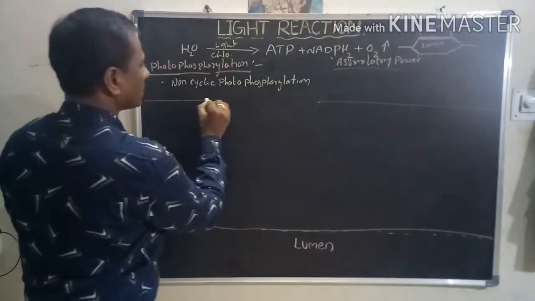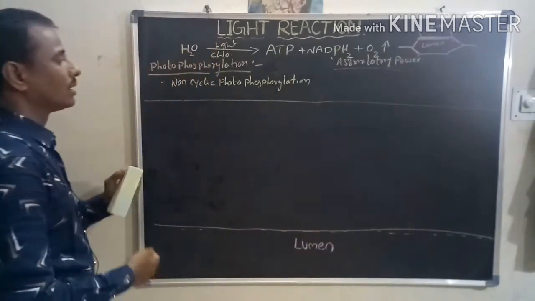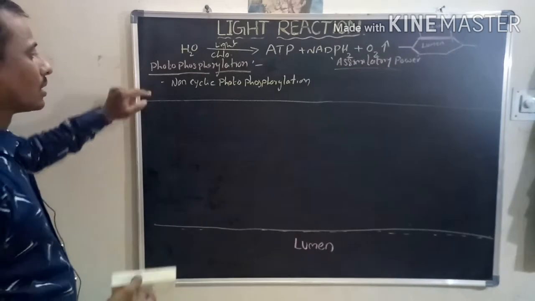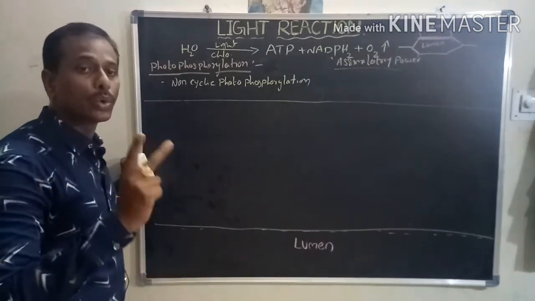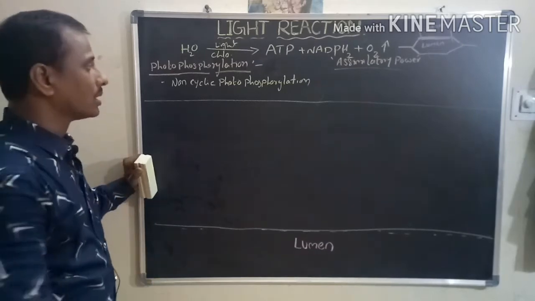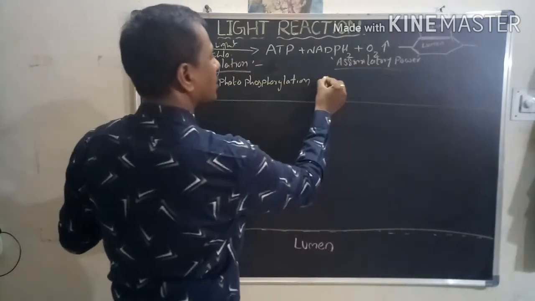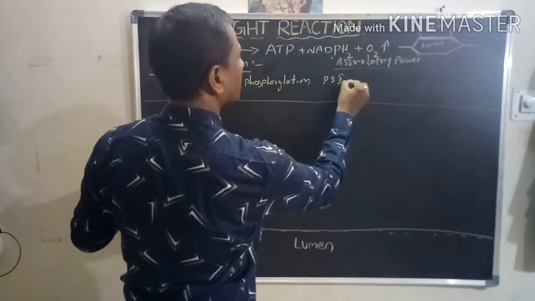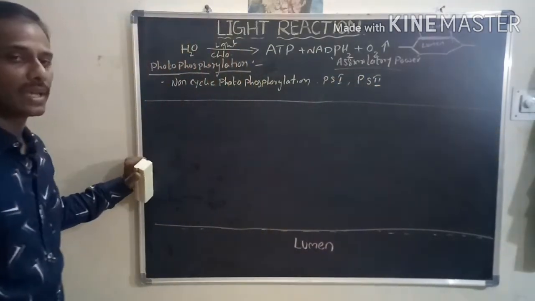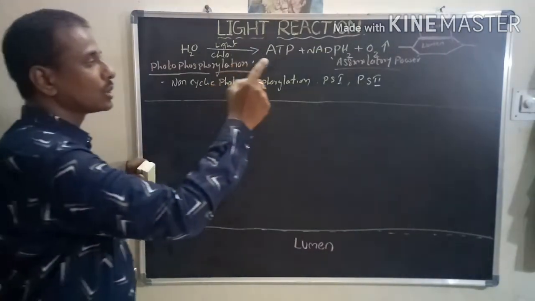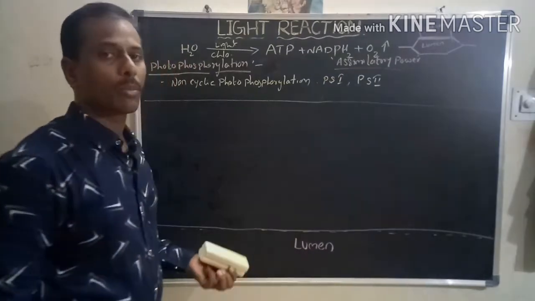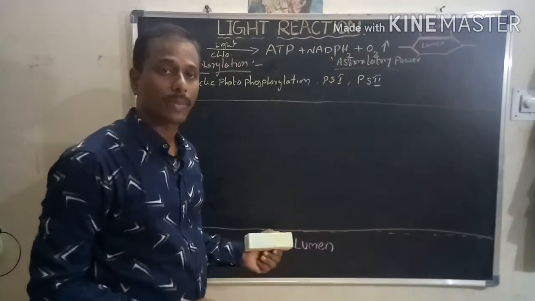See, it is a membrane. Non-cyclic photophosphorylation contains two pigment systems. We know about pigment system 1 and pigment system 2, that is PS1 and PS2. In both pigment systems we know about the light harvesting complex.